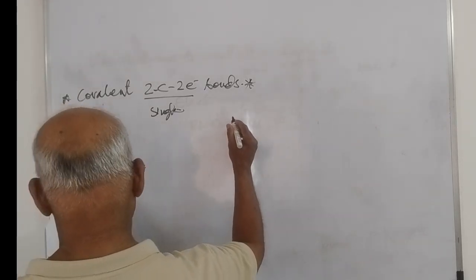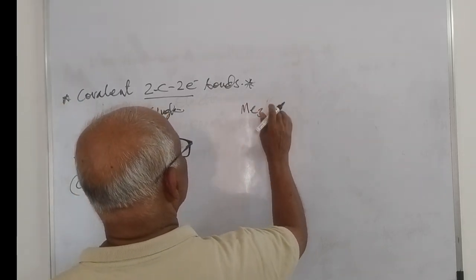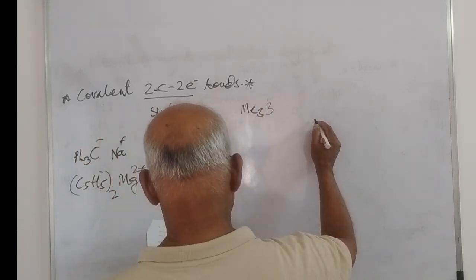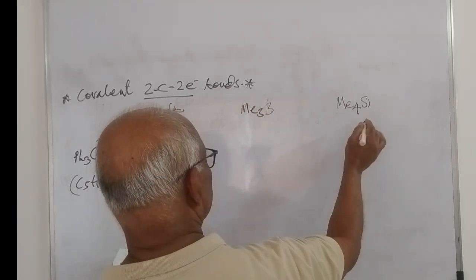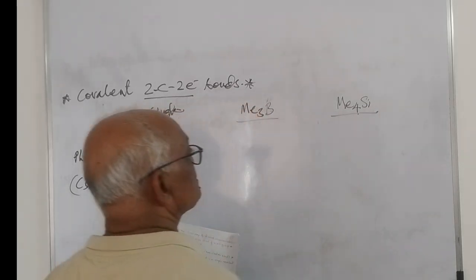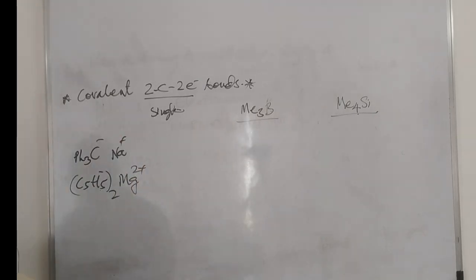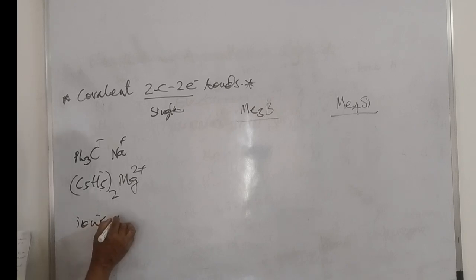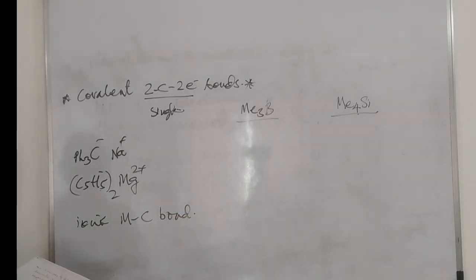On the other side, if we see the examples of Me3B, this is trimethyl boron, and tetramethylsilane, that is tetramethyl silicon. So all these compounds are ionic, and the metal carbon bond is ionic. The bonding is ionic here.